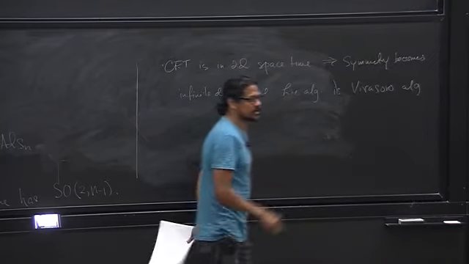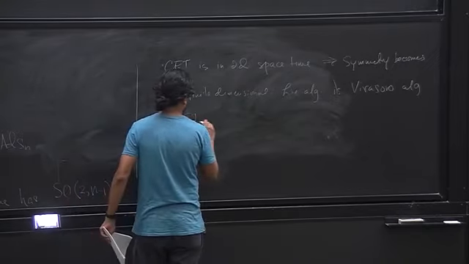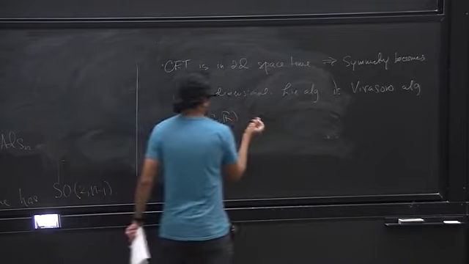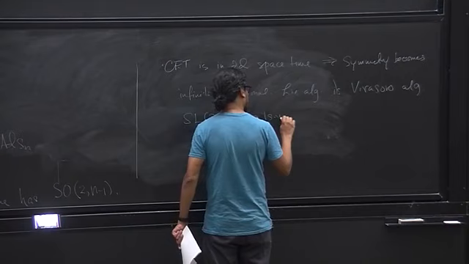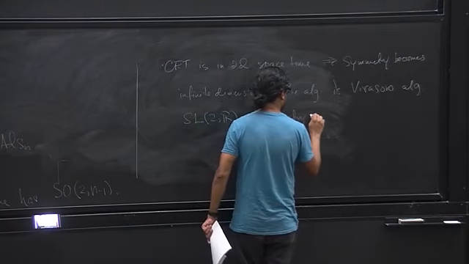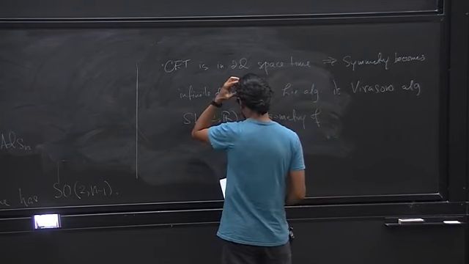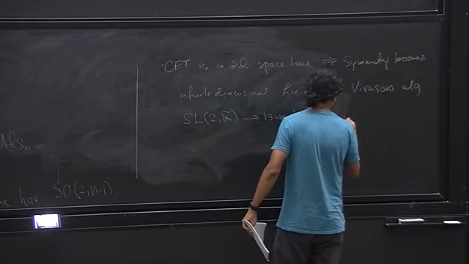And there's a subgroup of this, which in that case is given by SL(2,R), that is the isometry group of AdS3.